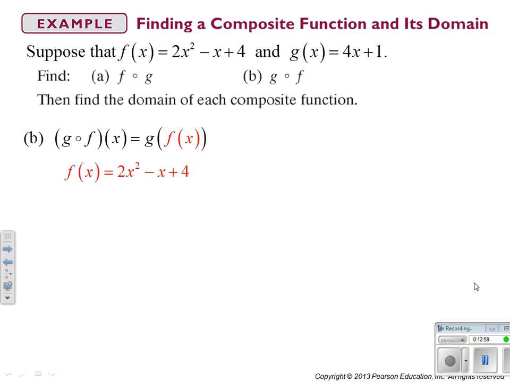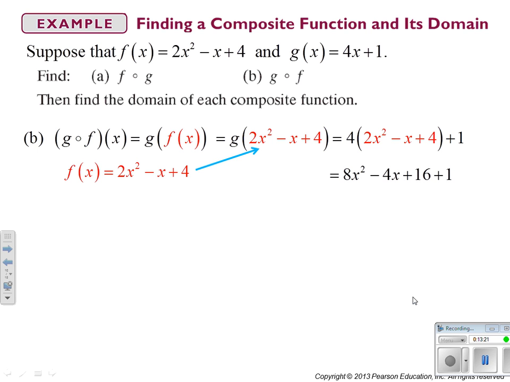So if f of x is 2x squared minus x plus 4, we're going to take the g of x function where the x was next to the 4, put parentheses, and make it 2x squared minus x plus 4. Then we're going to distribute that 4 out and combine like terms. So the 16 and the 1 combine together to give us 17, and that's 8x squared minus 4x plus 17.